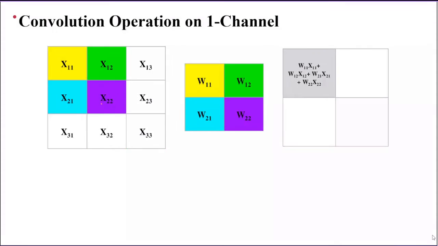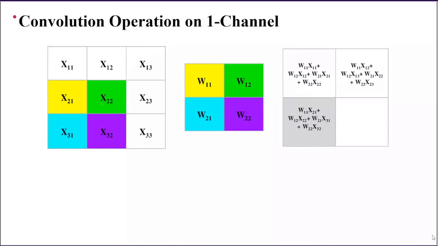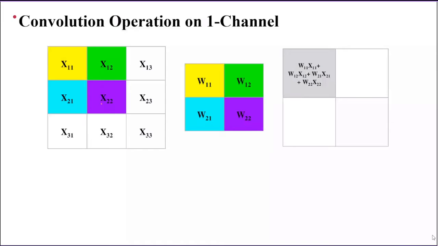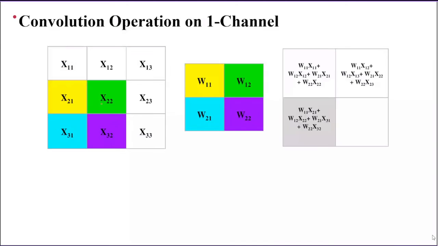Normally, while doing this operation, the activation map size will be reduced. So this is in the case of two-dimensional convolution.